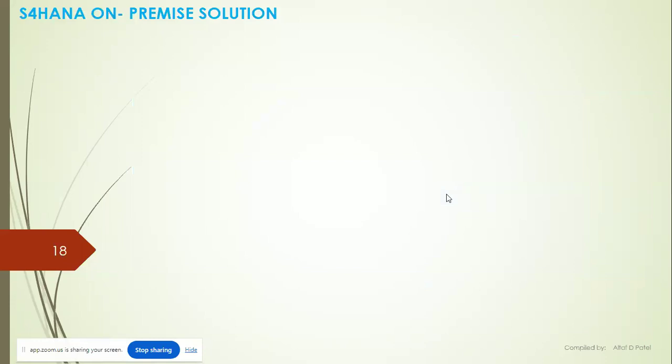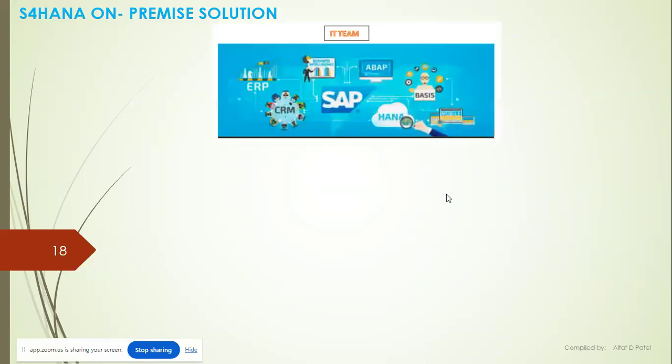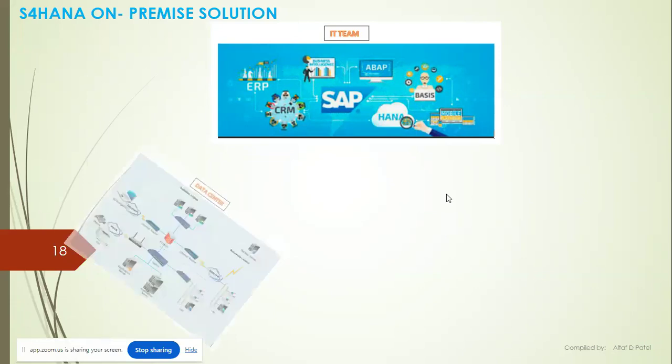So for the SAP S4 HANA on-premise solution, you should have an IT team. IT team means the people who know what SAP is, what the business processes are, what the functional requirement is, what the technical requirement of ABAP or all those things is, and what the master data is. So the IT team is an important function.